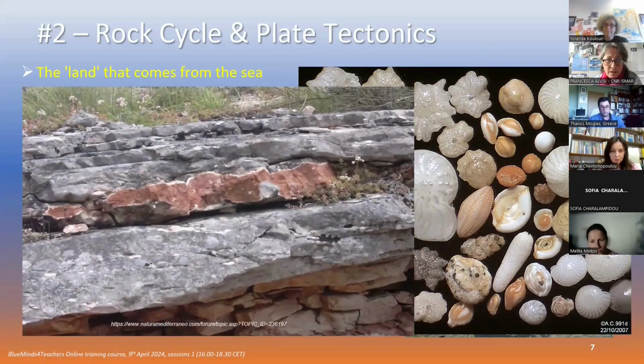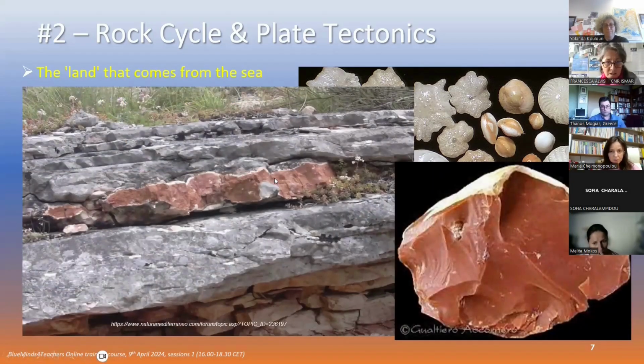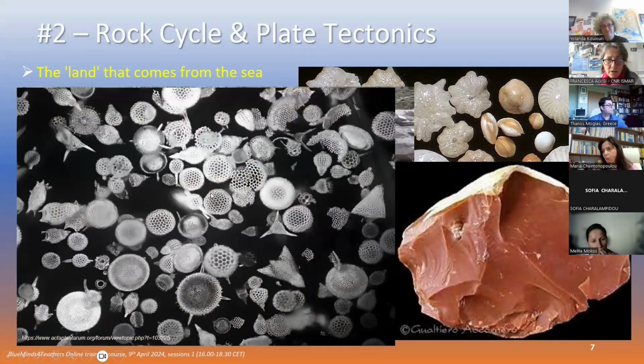Or we have a different rock that is this one. This is limestone made of this. This is chert, pieces of chert, and they are made by other organisms that have silica shells. So these are the link between rocks, animals, and chemistry, biology, and what is happening on the rock side.